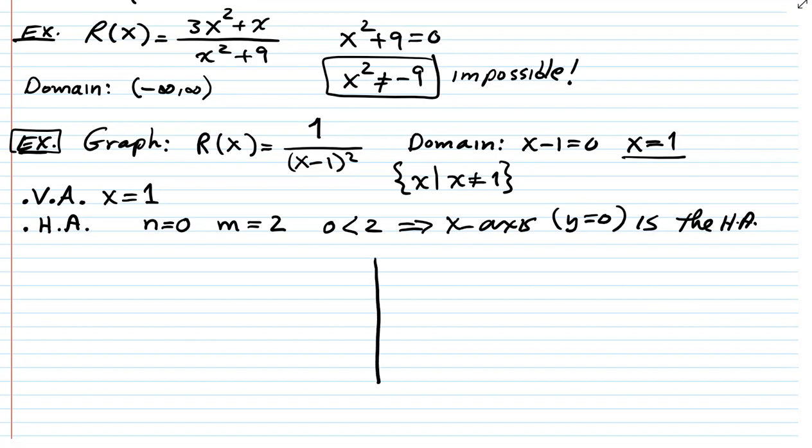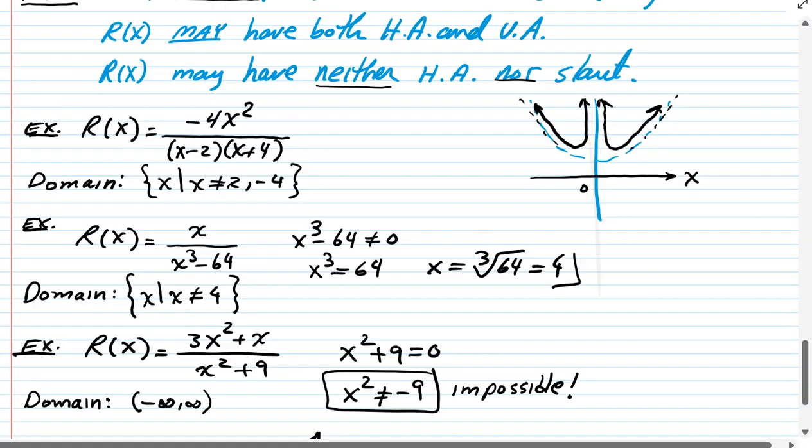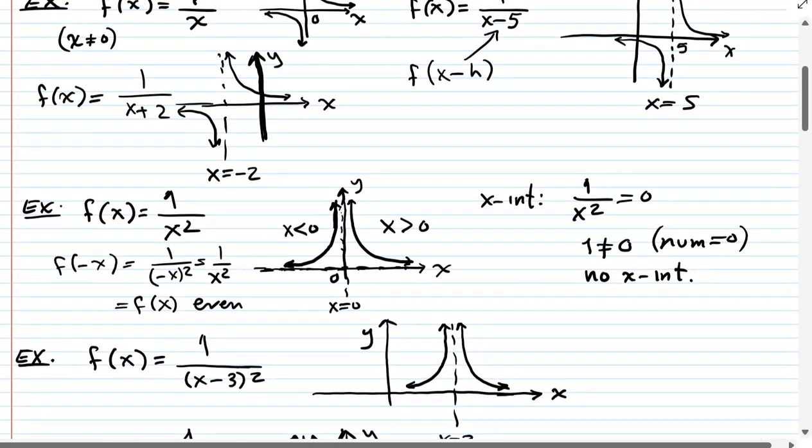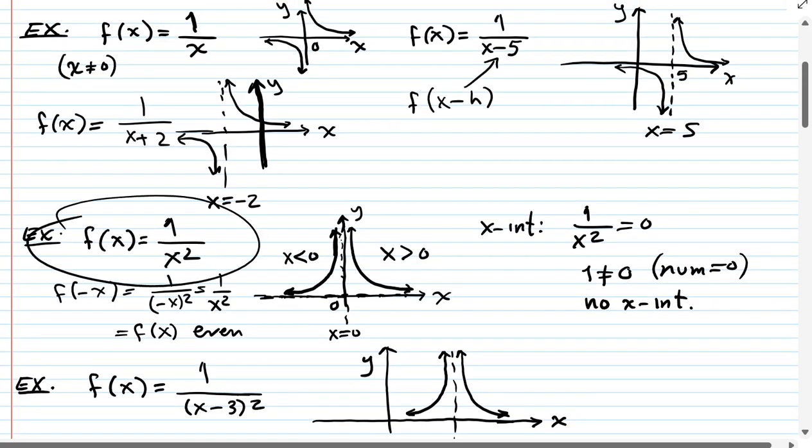So how are we going to graph this one? Remember, earlier we graphed 1 over x squared, right? Let me go back up here. There it is. You see that one? We graphed it.